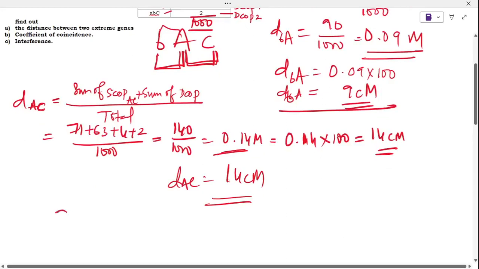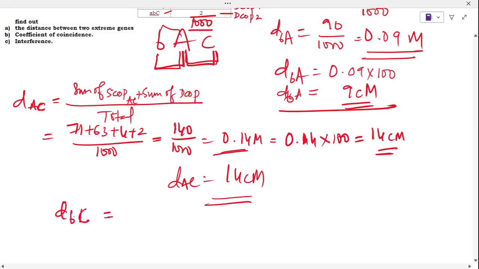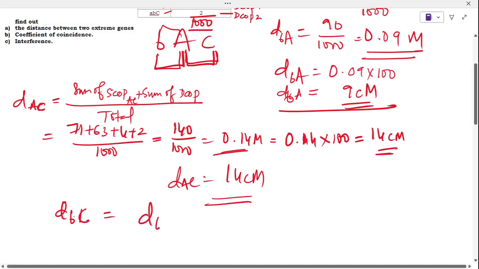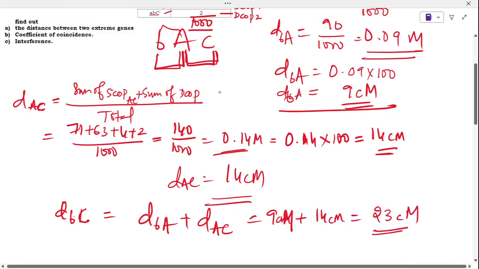Then the distance between the extreme genes, B and C, small b, capital C, is equal to the distance between BA plus the distance between capital A, capital C. We already calculated the distance between BA as 9 centimorgan, M should be capital, and the distance between AC is 14 centimorgan. So the total distance is equal to 23 centimorgan. That is the distance between the two extreme genes.